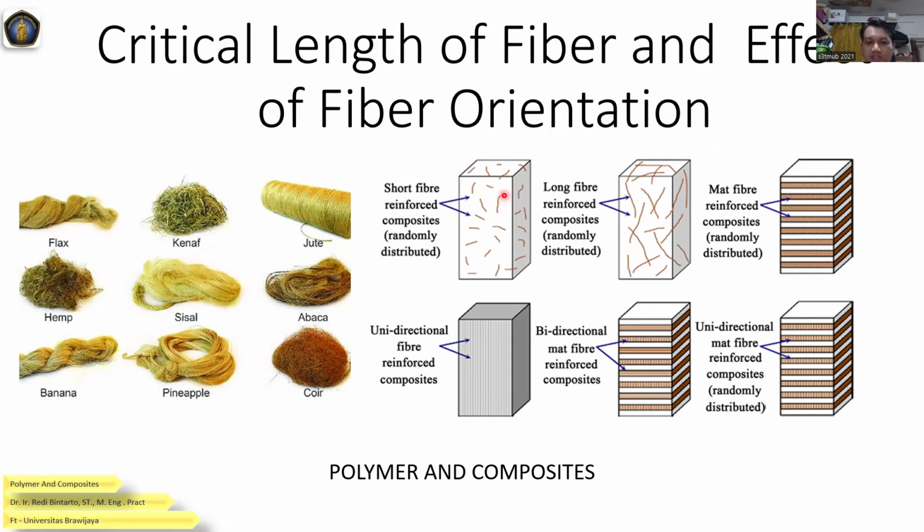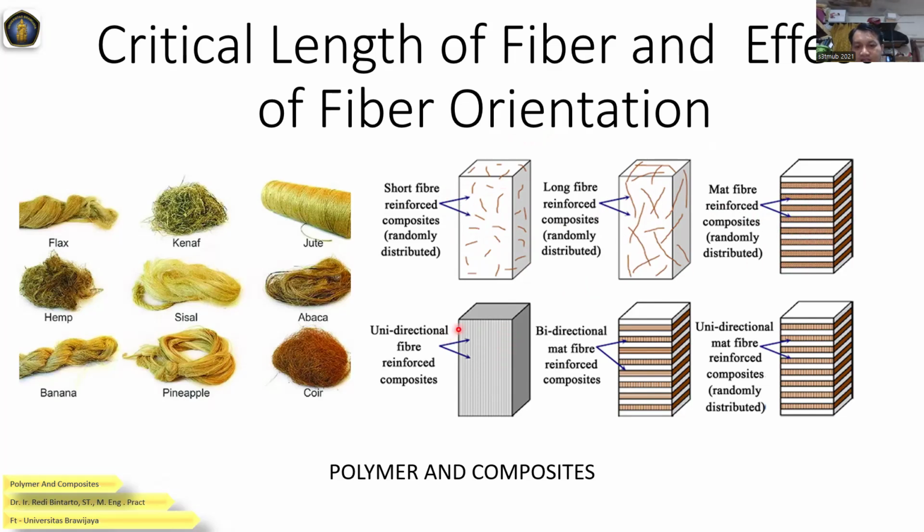As we see in this PPT, there is short fiber and long fiber, and this is random. Random means the distribution of the fiber depends on the purpose of why we use the composite.